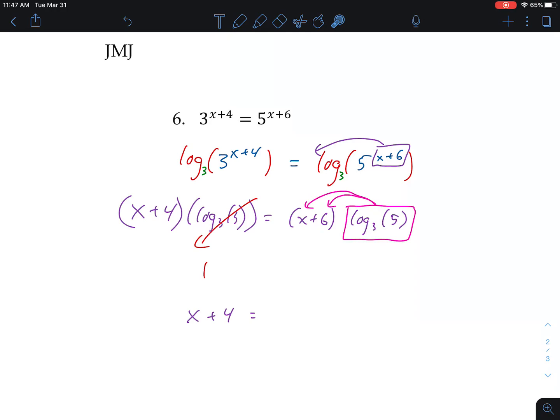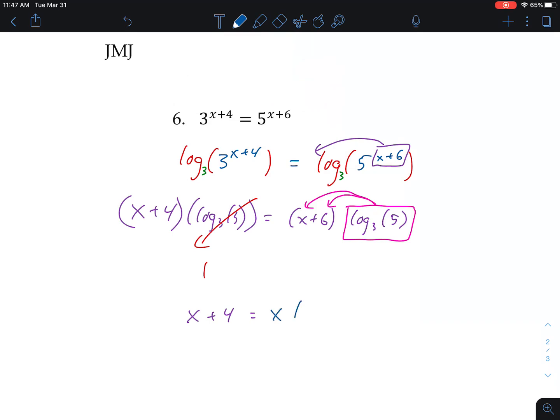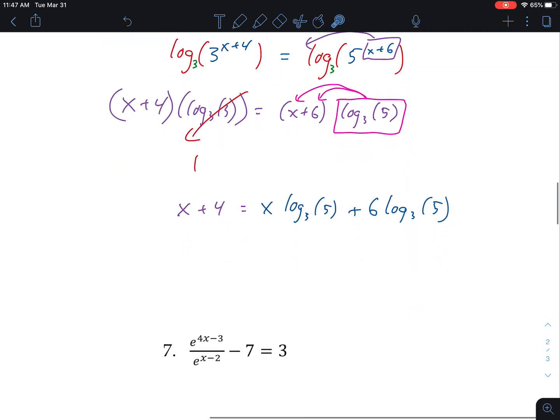Same thing, log base 3 of 5 is just a number. So let's write out what we get: x log base 3 of 5 plus 6 times log base 3 of 5. We're just holding onto this log base 3 of 5 the whole time. It's just some weird looking number, but we just carry it through.